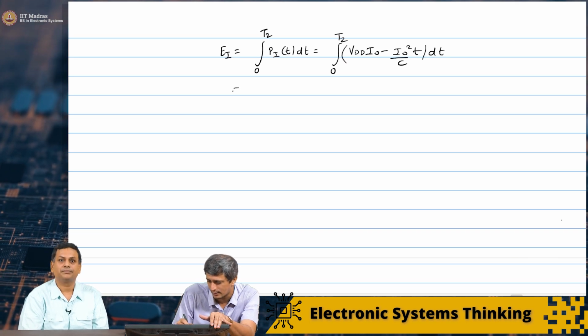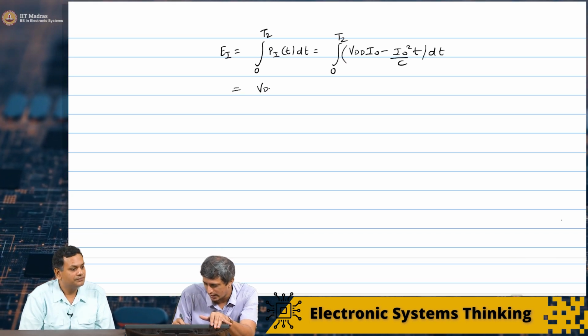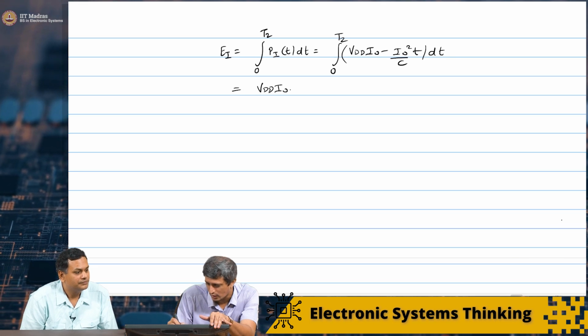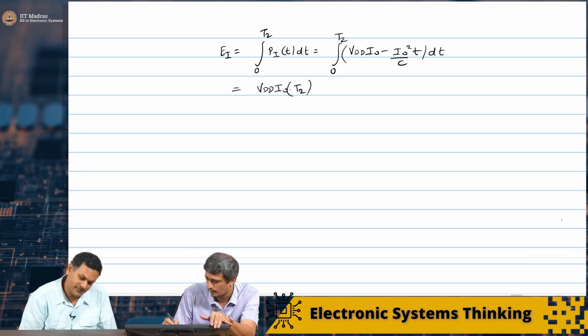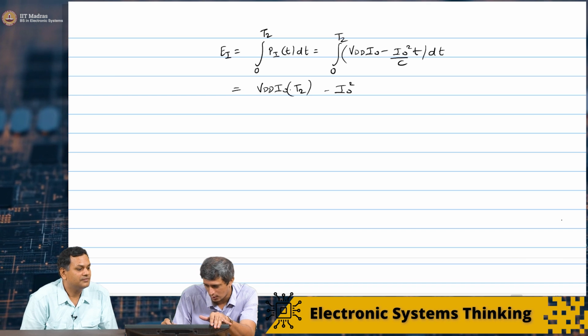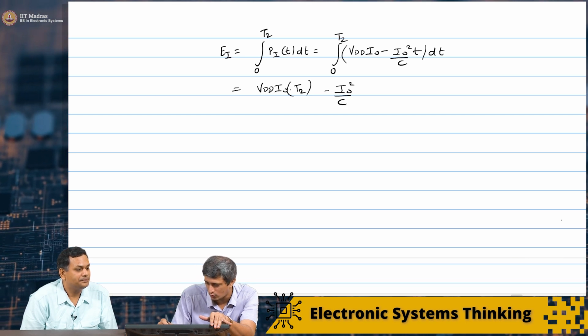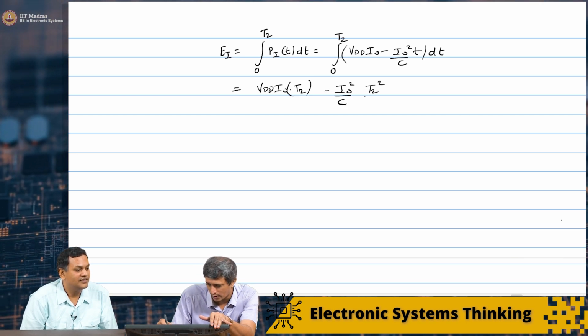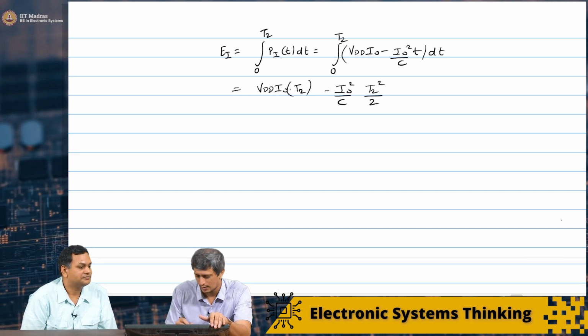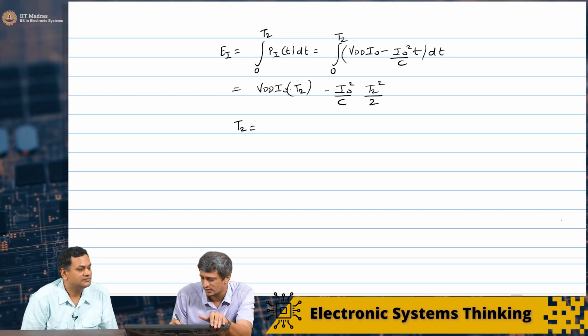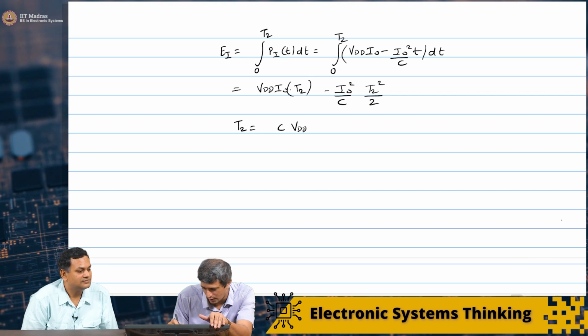So this is VDD I naught into T2, minus I naught squared by C into T2 squared by 2. Now what did we say T2 was? We said it has to be C VDD by I naught.